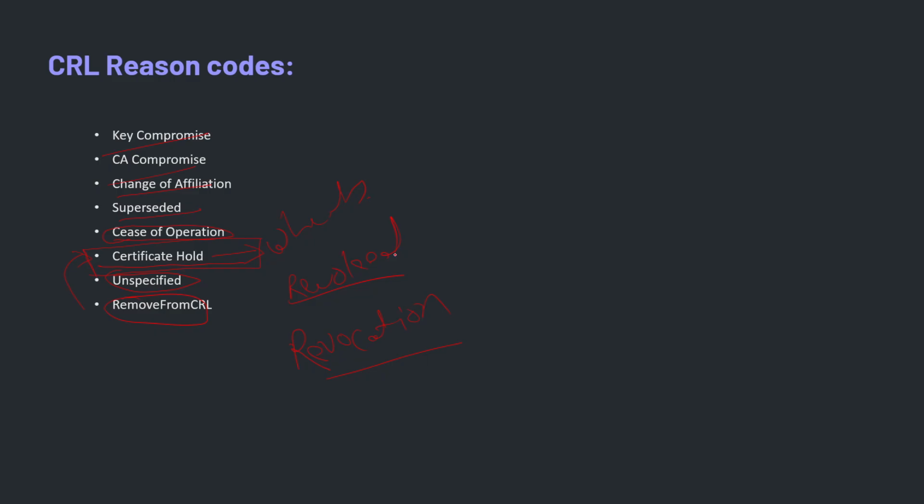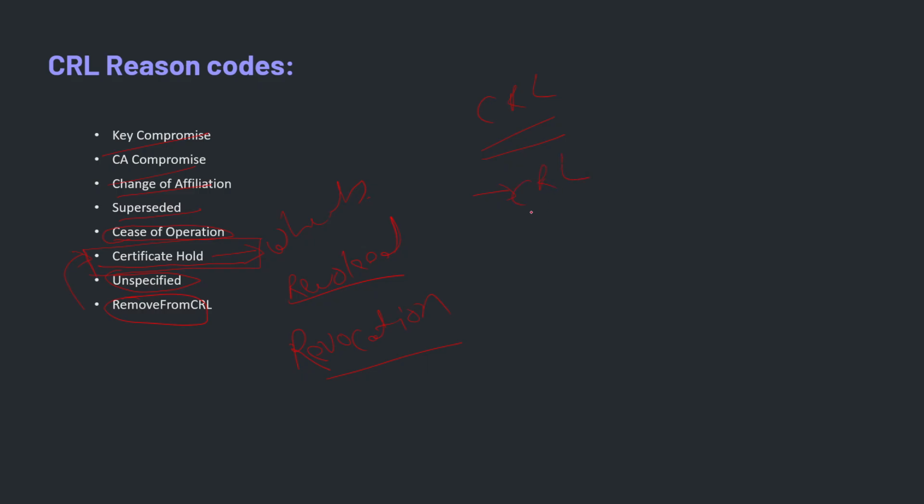So what we went through today was CRL. What is the CRL? Why is it needed? Whenever a certificate is getting revoked, that means that certificate should no longer be used. Then it will be revoked from the certificate authority, and once revoked, the certificate will not be used. Whether that certificate is revoked or not will be checked in the CRL files.